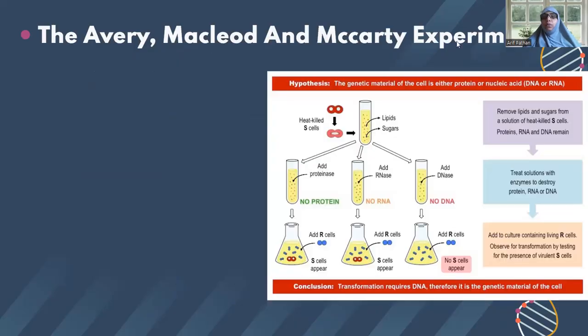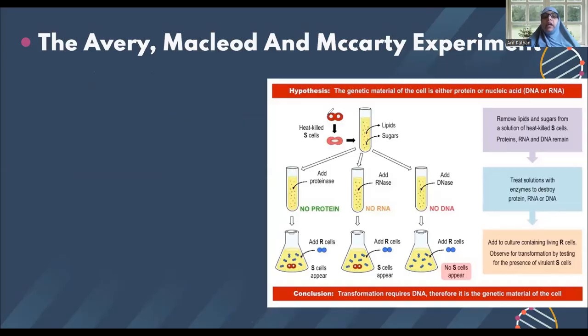So what did they do? They took that same mixture, heat killed S, and what was their hypothesis? They thought, out of these three, one might be the transforming substance.